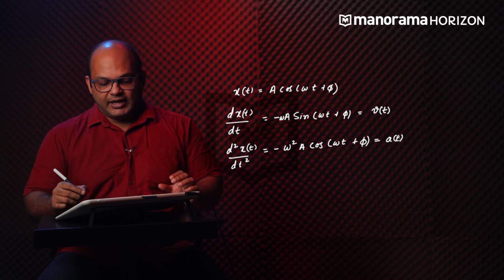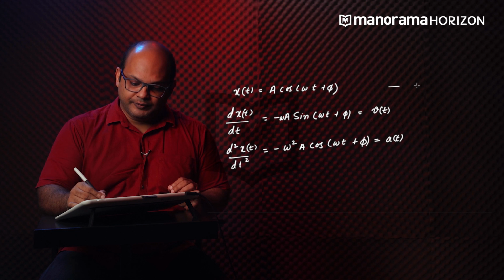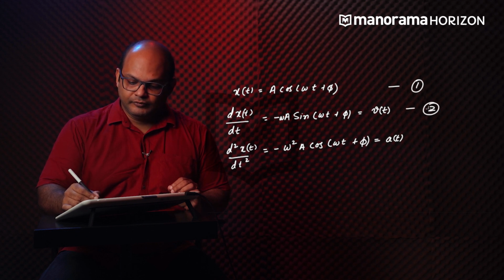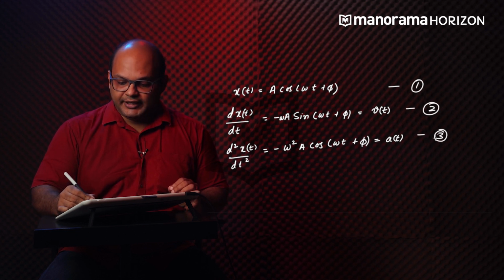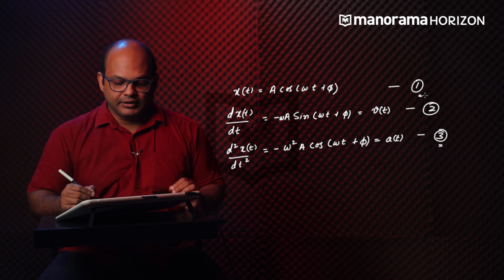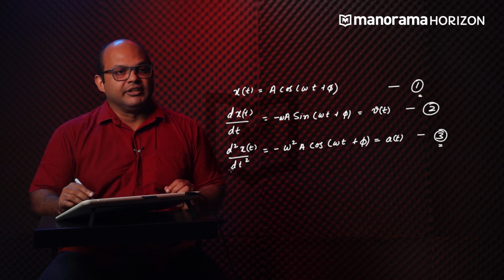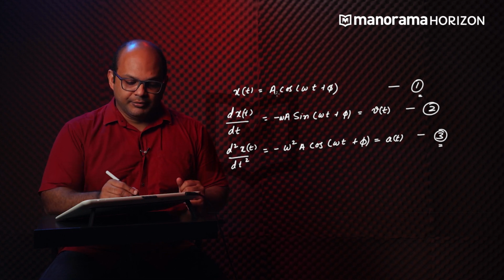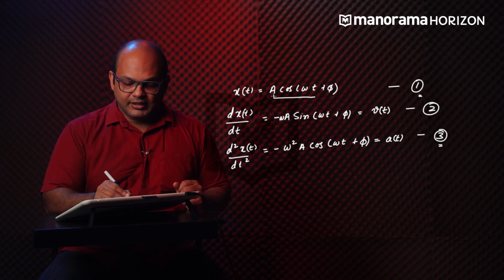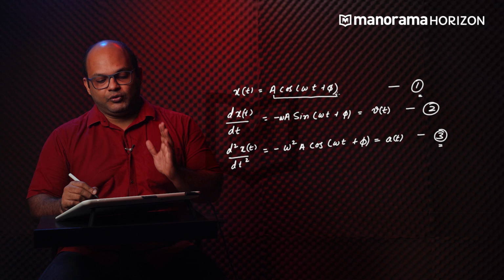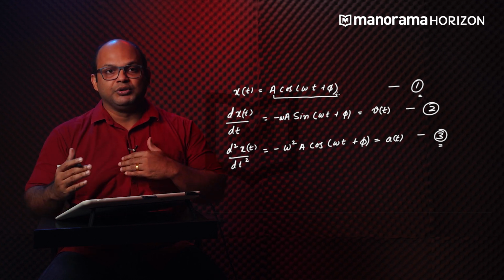Now, if you look at these three equations and compare equation 3 and equation 1, you would notice that we can express the acceleration in terms of displacement, because A cos(ωt + φ) is common to both these equations.